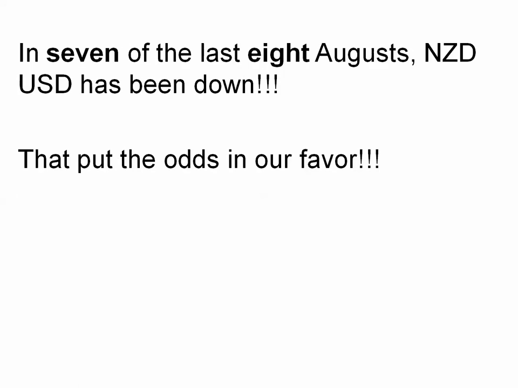Well, in 7 of the last 8 Augusts, the New Zealand dollar has been down. So yes, there is nothing certain in the markets. There is nothing certain in this trading opportunity. But what I do like to do is try and find situations when the odds are in our favour. And currently the odds are in our favour for NZD USD to be down in August.